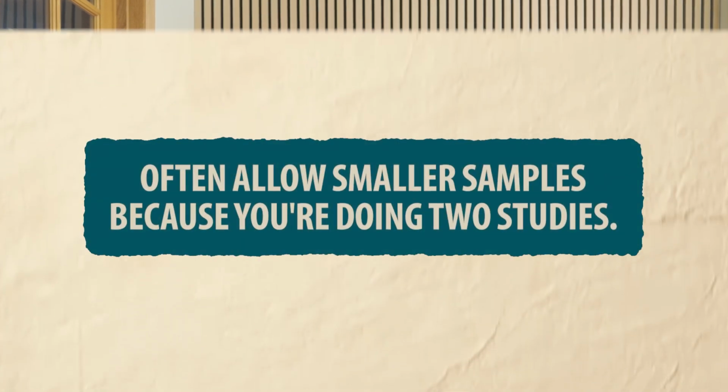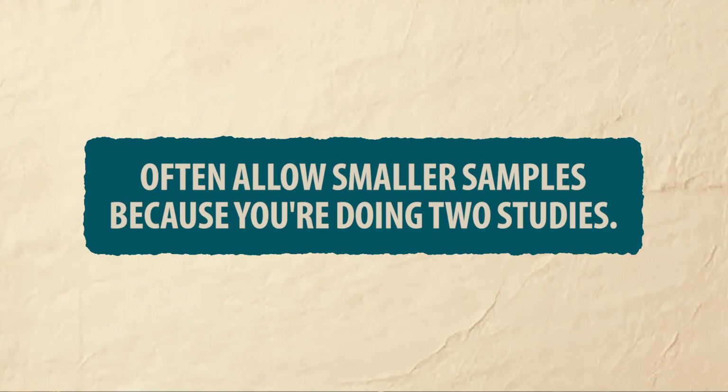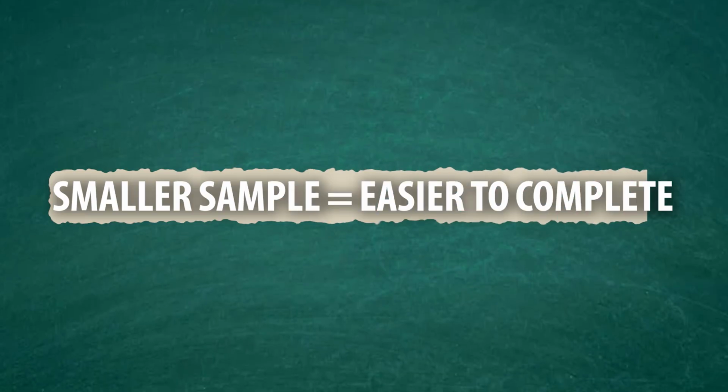When we get to mixed methods, committees tend to be a little more flexible on the size, them understanding that you're doing two studies. I've seen committees approve quantitative samples that are much below what the G-power test says it should be. I've also seen them allow smaller qualitative sample sizes.